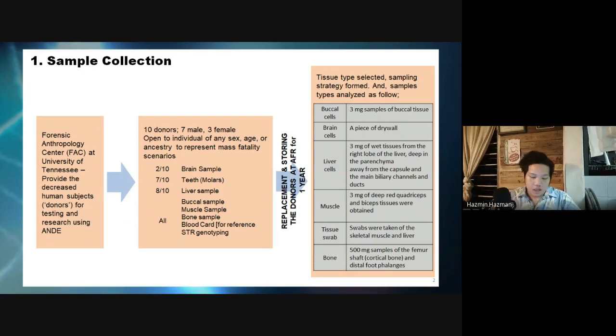For the specific information, 2 of 10 donors are for brain samples, 7 of 10 for the spleen, and 8 of 10 for liver samples, and all of the donors will provide muscle samples, blood, and bone samples, and blood cards for the total STR genotyping.